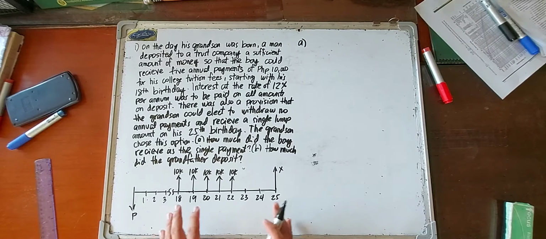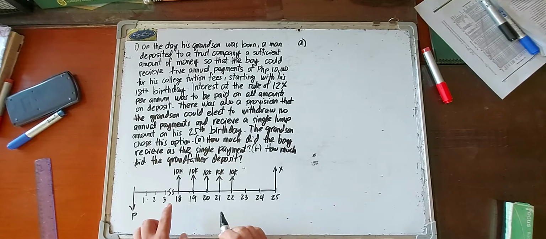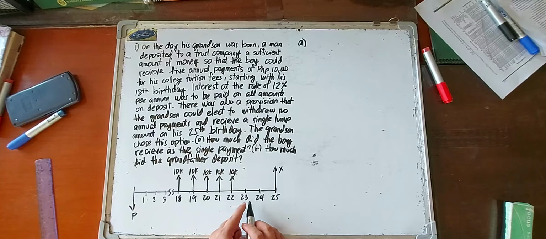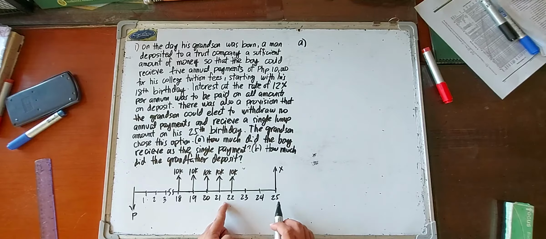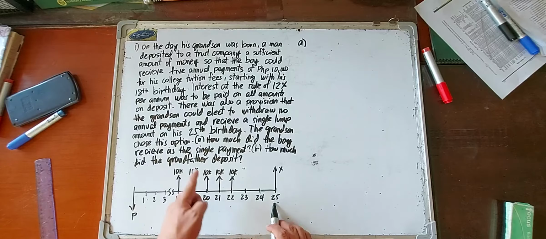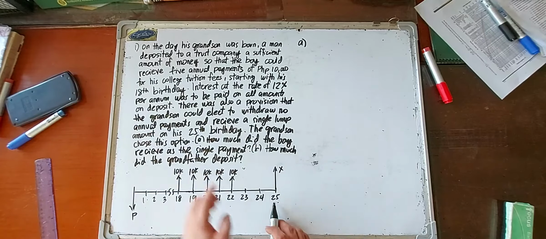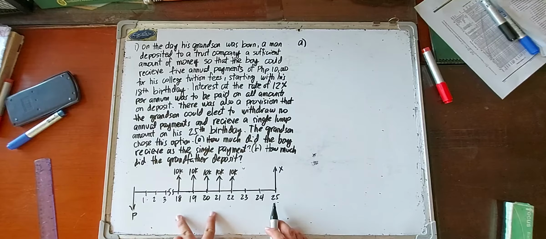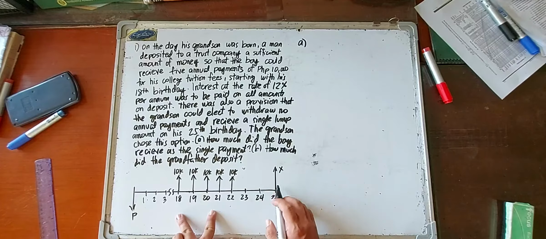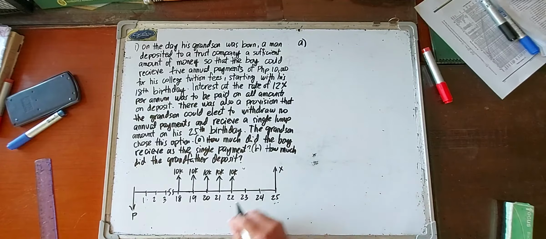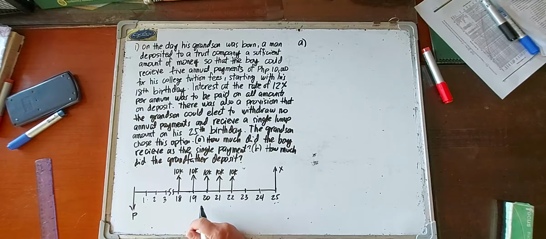So it's a deferred annuity, of course. So hanggang sa 22nd, may 10,000 every year. Now, ipupunta natin sa 25th year. So kumikita pa rin siya ng 12% interest per annum, no? So how much is the payment on the 25th year? So, yung cash flow diagram natin.